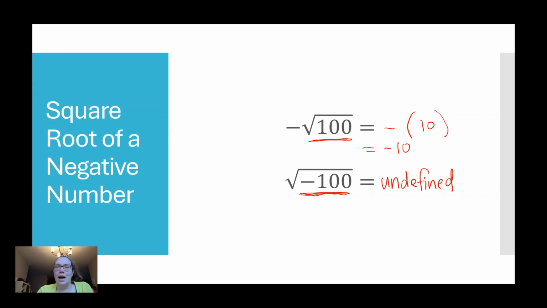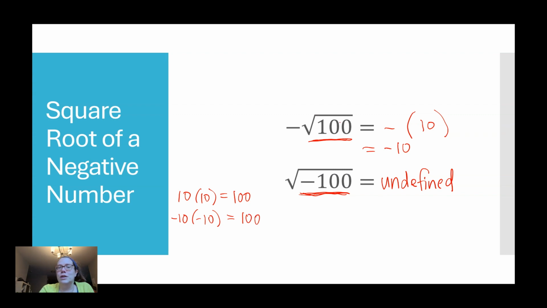If you just decide that the square root of a negative number means something, then you just have a whole other field of mathematics. It's amazing. But what we're going to decide here is that the square root of a negative number is undefined. And here's why. If you had a positive number times a positive number, you're going to end up with a positive number, right? So the square root of 100 is 10. If you had a negative number times a negative number, you're still going to get a positive number, right?